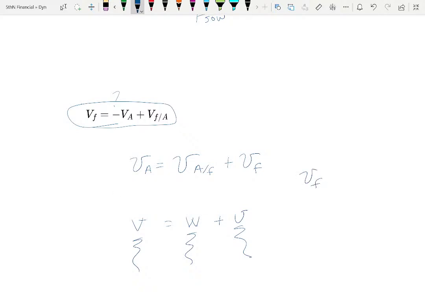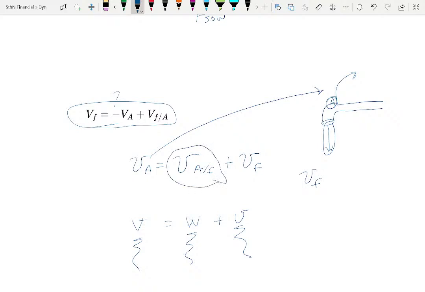So if you have the sprinkler, and it's coming out, and this thing is A, and it's spinning around at some speed, you got velocity A. Then you got the velocity of the fluid relative to A. So the velocity coming out relative to A, actually, so velocity of fluid relative to A, and then you add velocity of A to it, then you get the actual velocity of the fluid coming out of the sprinkler.